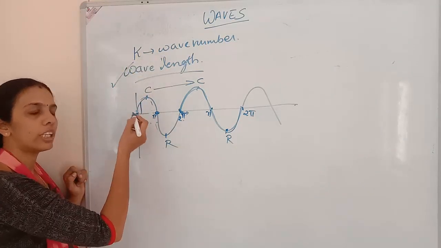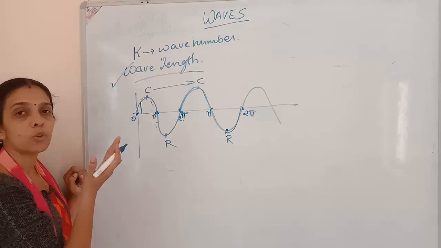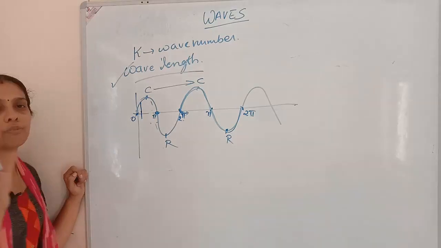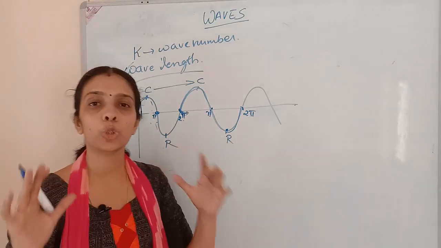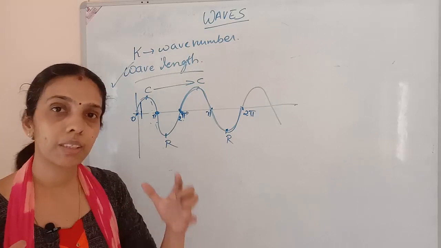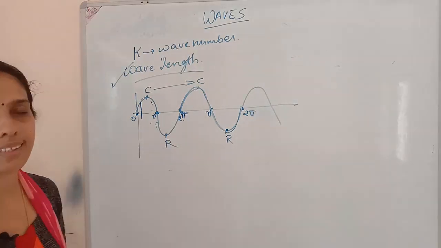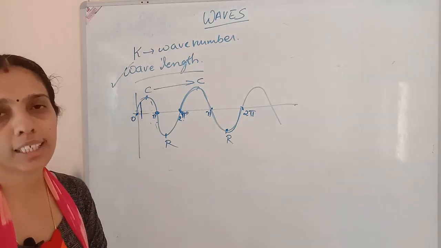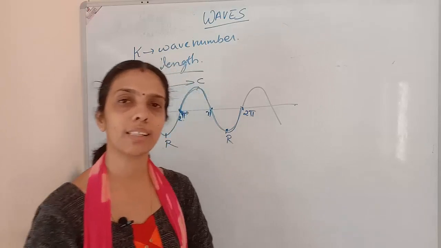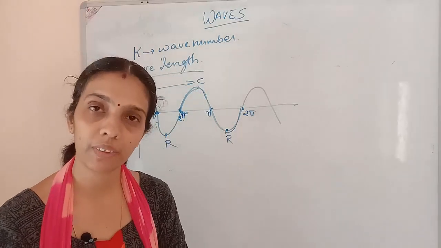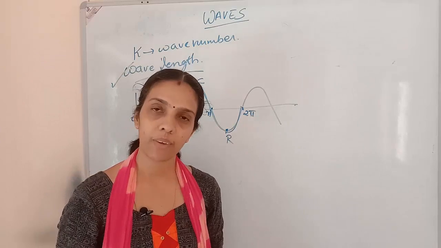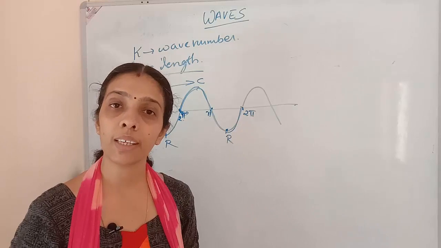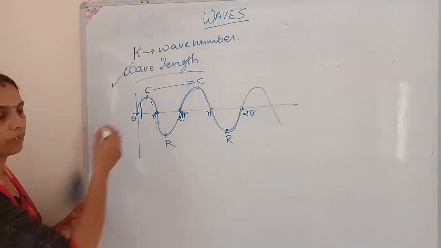That is pi, or in between points also we can consider. So which are the two consecutive points having the same phase, the distance between them is called a wavelength, or we can simply say it is the distance between two crests or two troughs. The minimum distance between two consecutive waves having the same phase is called wavelength.